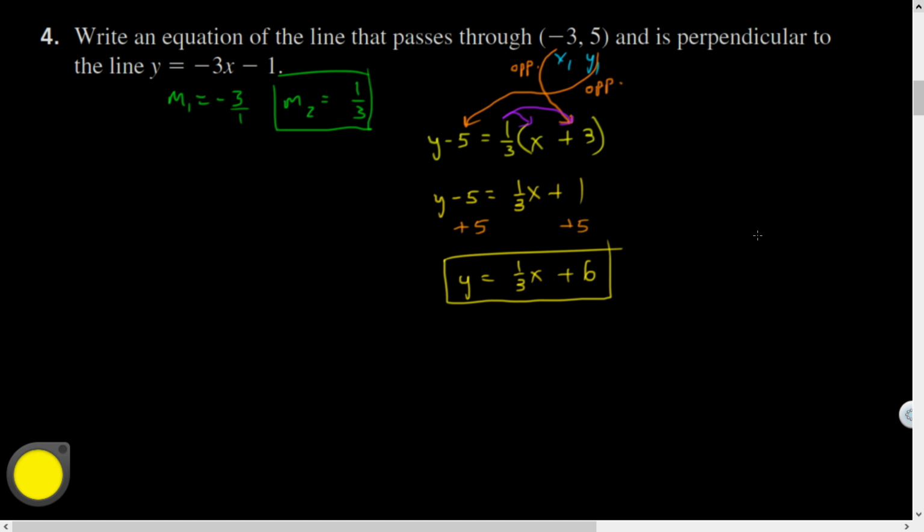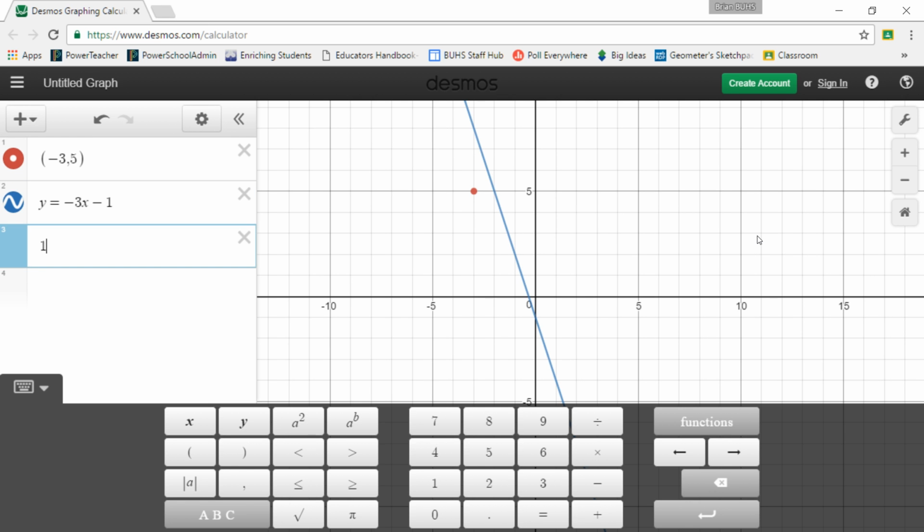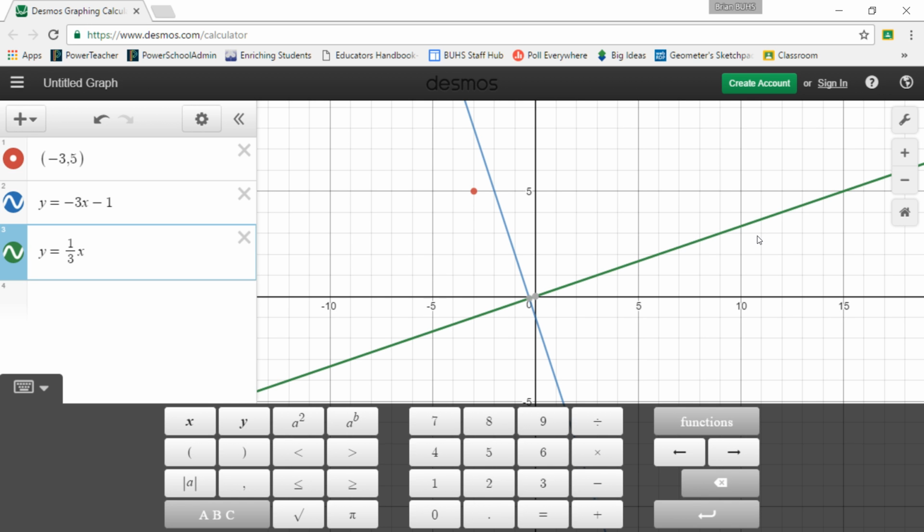So y equals 1/3 x plus 6. My claim is that it is perpendicular to the line given and passes through the point they wanted. Let's graph it, friends. y equals 1/3 x plus 6. Hey, look, 1/3 x is already perpendicular.